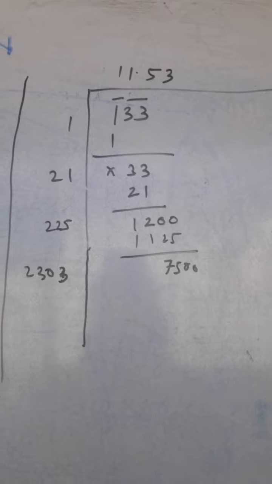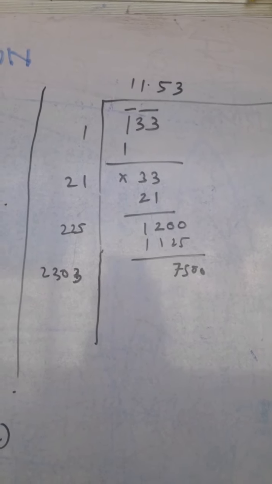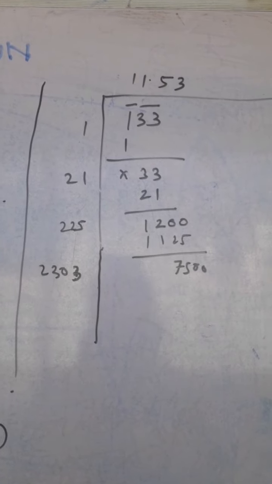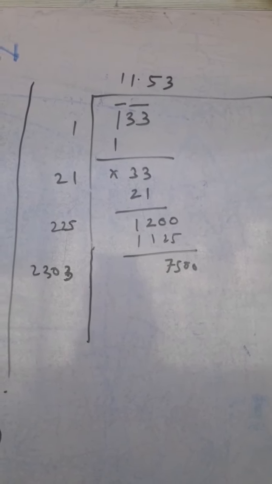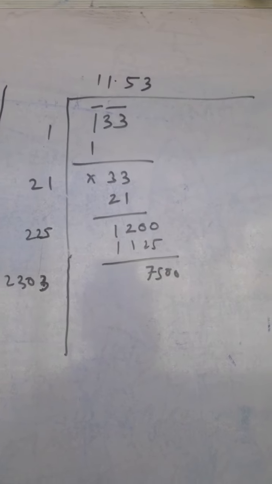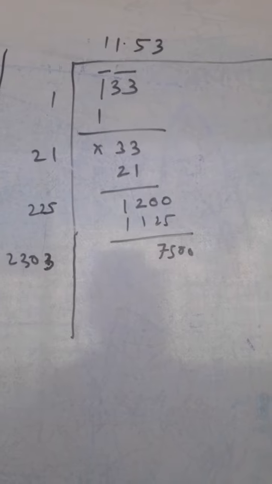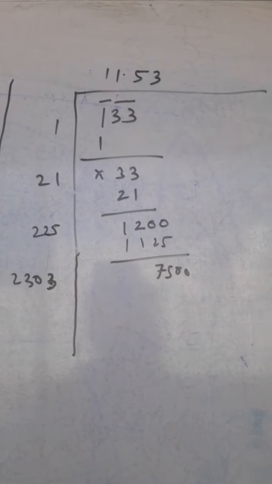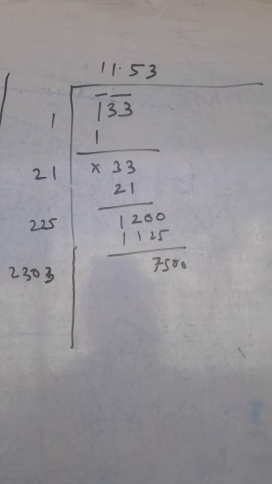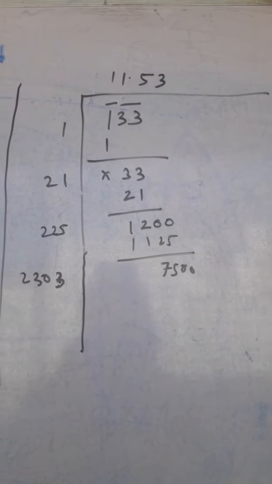The double of 1 will be written on the left side, 2. We need a number which is written both at the quotient and at the divisor so that its multiplication comes less than 33. So I have put 1 here and 1 up. 21 into 1 is 21. The remaining is 12. Now we take double of 11, it is 22.